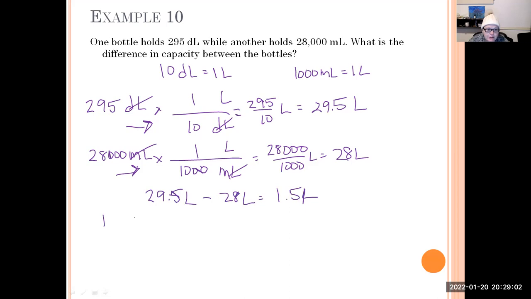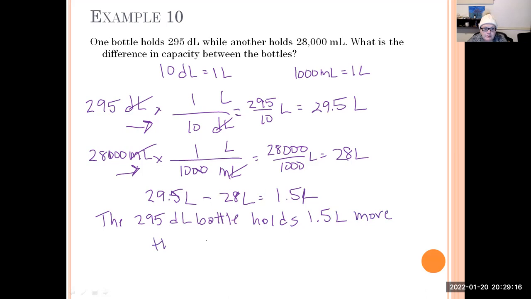So the 295 deciliter bottle holds 1.5 liters more than the 28,000 milliliter bottle. All right. Sorry, this pen is just not fun, and I've changed tips and everything. All right, let's go to the next one.